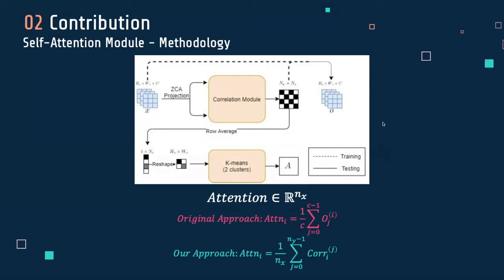The attention map has a shape of hx times wx, as you can see here. It can be flattened to a 1 times nx vector. The original approach used the channel direction average of the restructured feature map as the attention.